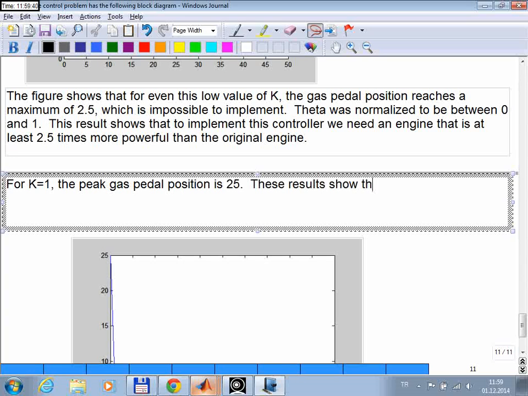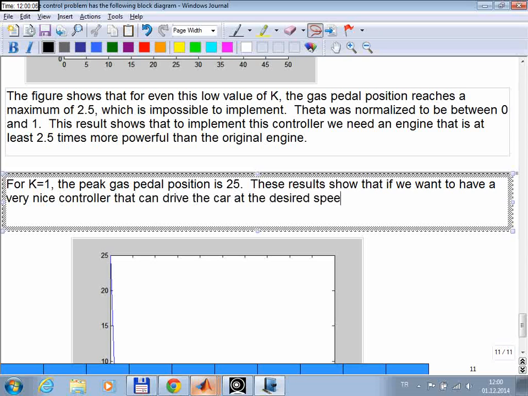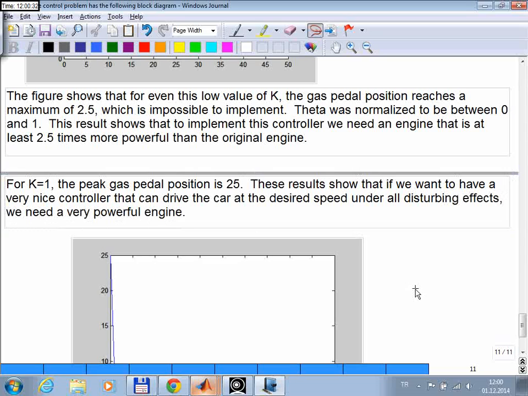So these results show that if we want to have a very nice controller that can drive the car at the desired speed under all disturbances, we need a very powerful engine. Okay?